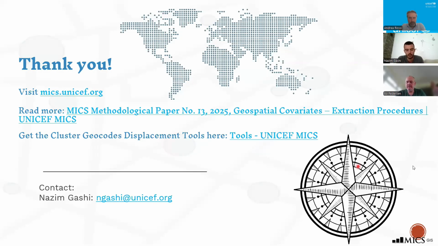Probably in early 2027 we are going to come out with the next version of geospatial covariates, where we are going to update the data sources, and at the same time update the calculation using the most up-to-date data. In the data sets that you can now access on the MICS website, for each indicator we are including the access date when we accessed the data, because I mentioned the WorldPop data have just been updated 2 weeks ago, and the climate indicators were updated a few months ago.